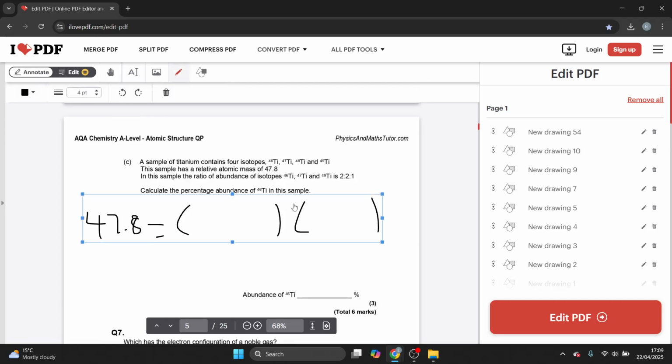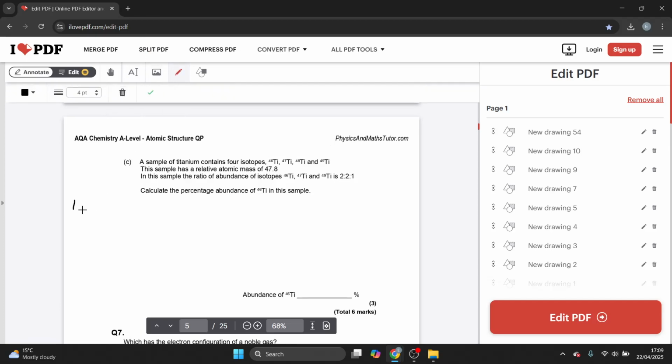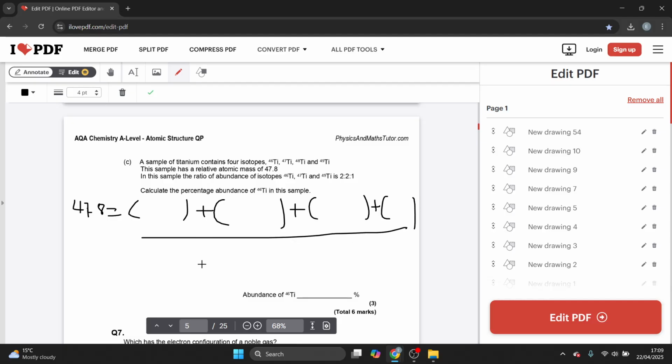Okay, let's make this a bit shorter then. 47.8 equals something times by something plus something times by something plus something times by something plus something times by something, divided by something. Now I know all of these. I know the ratio of abundance is that. Well, 49 is the 1 ratio.